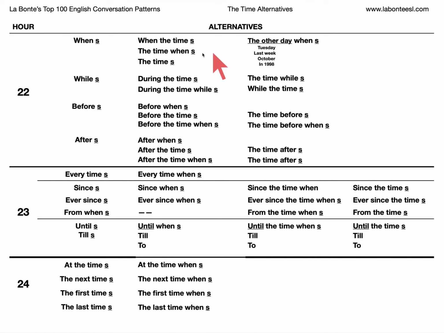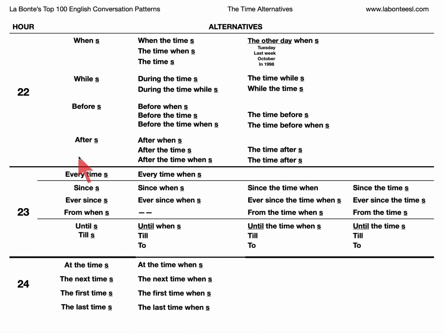So these are variations. Once again, the beginning student doesn't need to know these because you don't want to overwhelm them with variations. You want to show them first what is commonly used, 85% of the time, what they're going to hear.